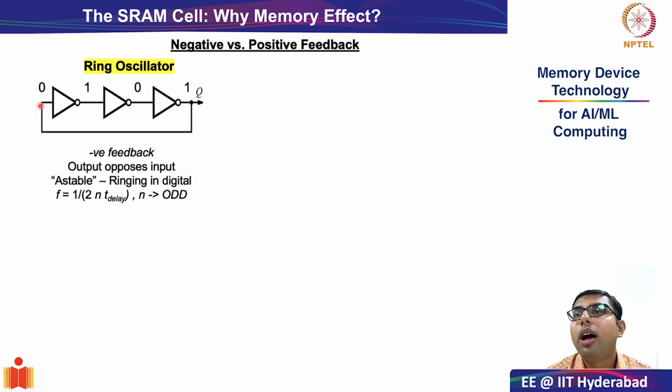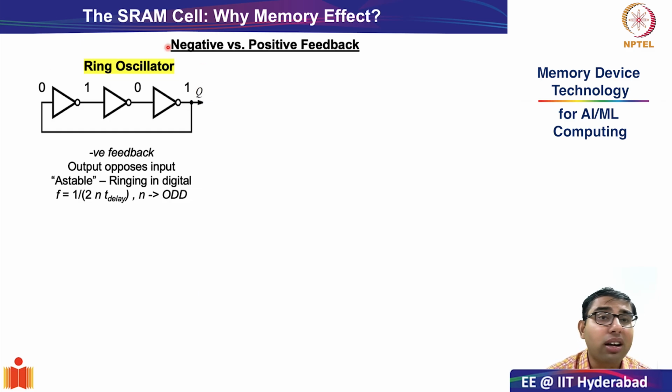Because the output of inverter 1 is connected to the input of inverter 2, and then the output of inverter 2 is connected to the input of inverter 3, and with a feedback, the output of the last stage, which is inverter 3, is reconnected back to the input of the first stage, which is inverter 1. Right? So this is the structure. If you have done a course on digital logic, you will know that this is called a ring oscillator.